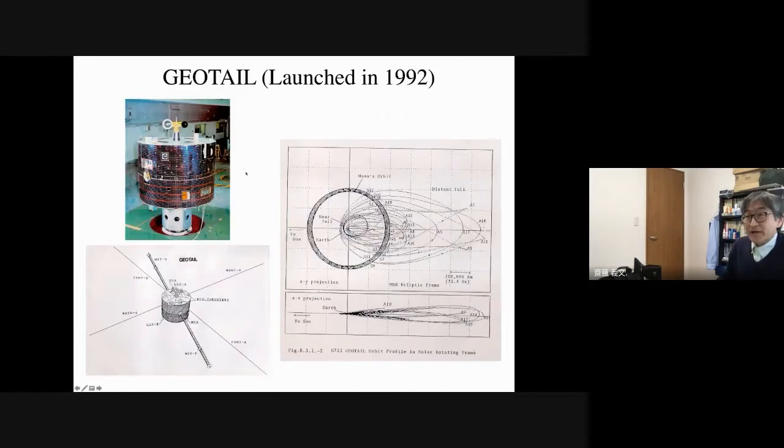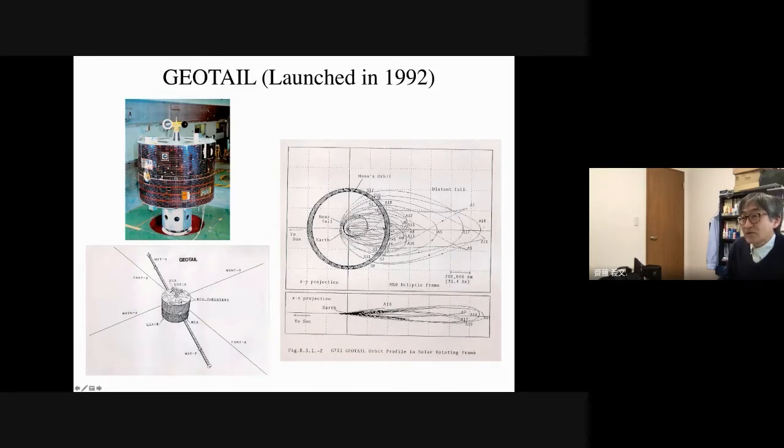I will show you an example of the spherical deflector on the spacecraft called Geotail, which was launched in 1992, so about 30 years ago, but we are still operating this spacecraft. The right-hand side figure shows the orbit of the Geotail spacecraft. The thick line shows the Moon's orbit; the distance between Earth and Moon is 60 times the Earth's radius.